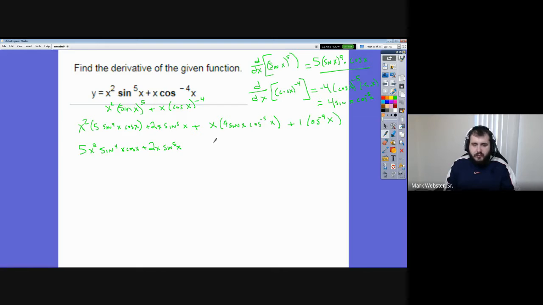And then let's simplify this, make it look a little bit neater: 4x sine x cosine to the negative fifth x. And I put sine first and cosine second, it really doesn't matter. Plus cosine to the negative fourth x. And here is our dy dx.